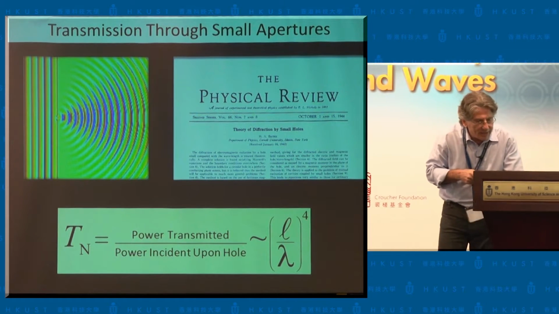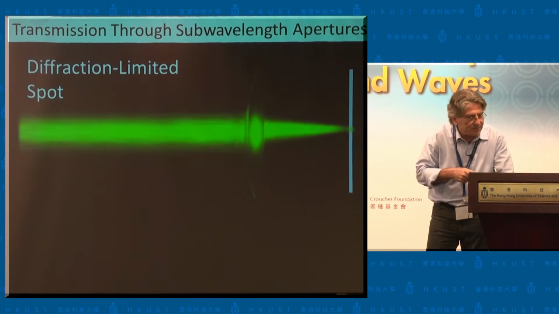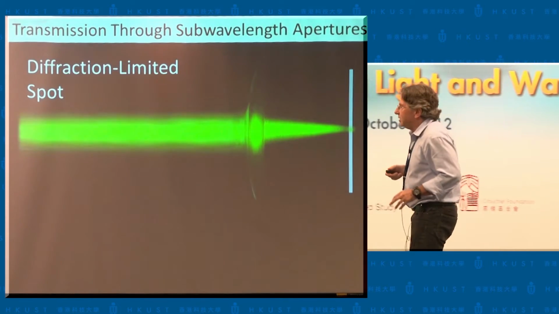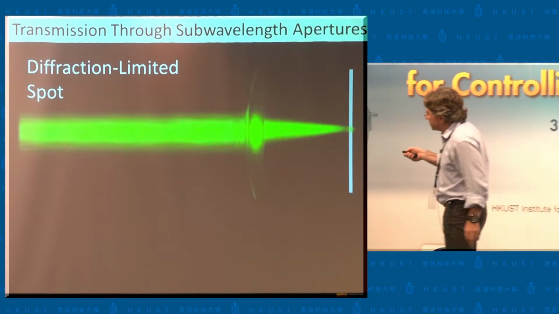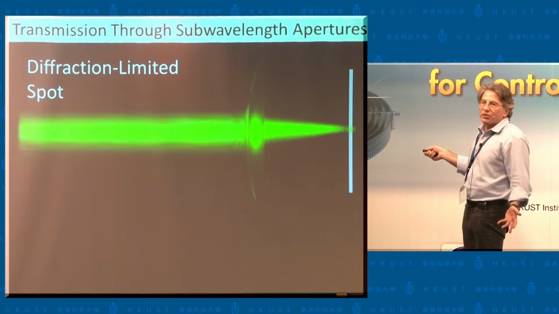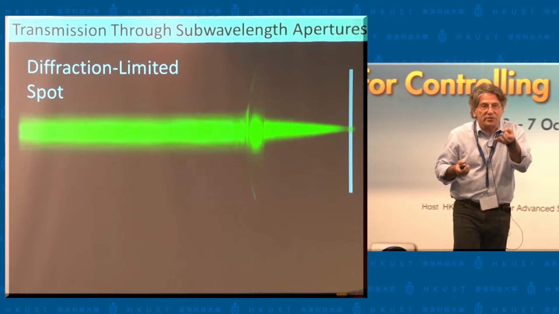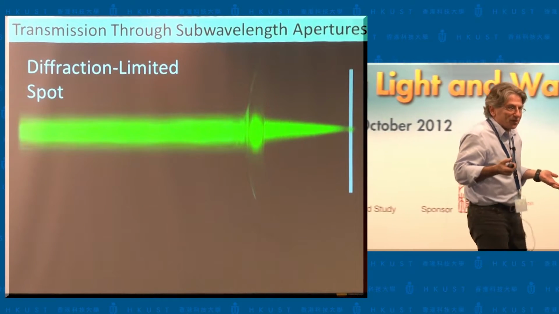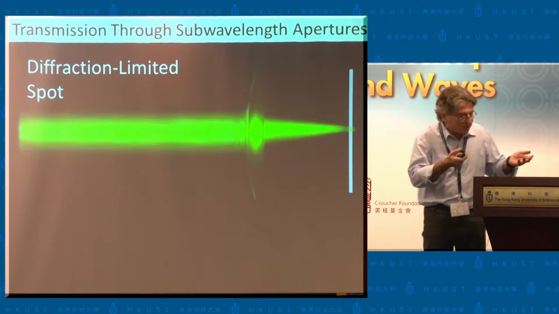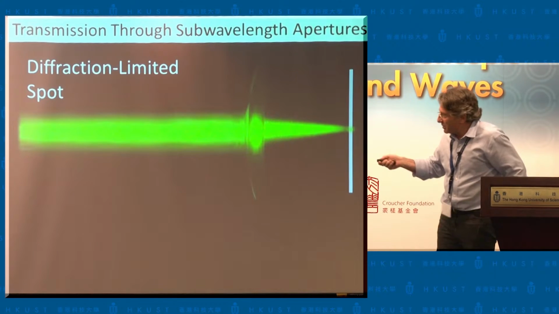But let me add a little more to this. Suppose you have a diffraction limited spot. In other words, the best you can do is to focus the light to a region of radius on the order of lambda. That's the best you can do using conventional optics, not with a negative index lens, but conventional optics.